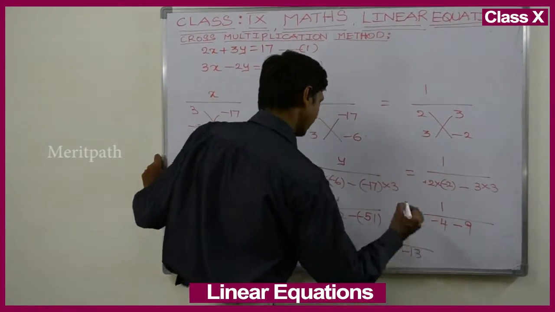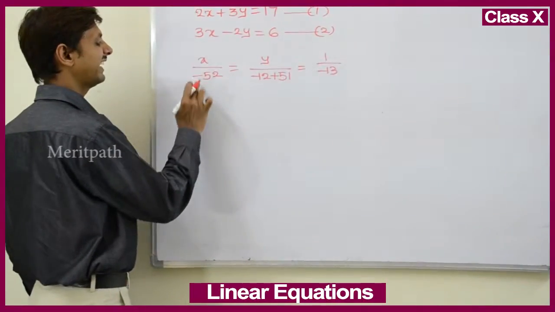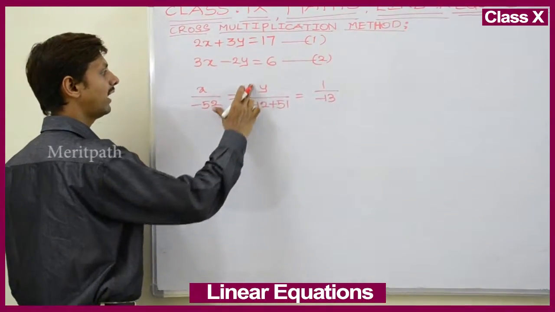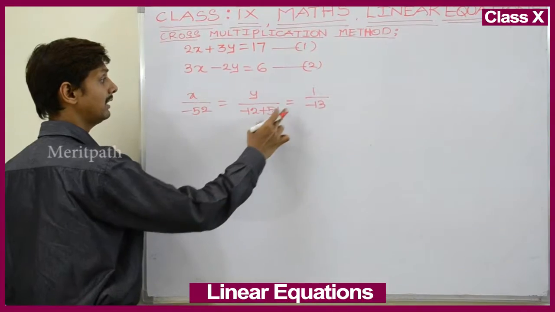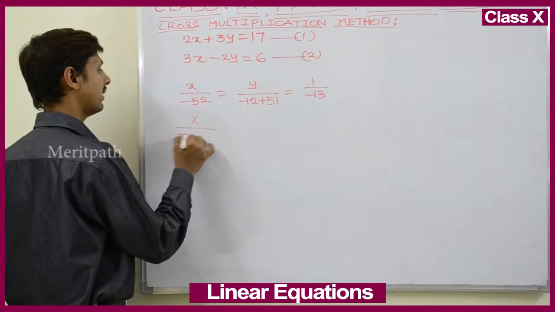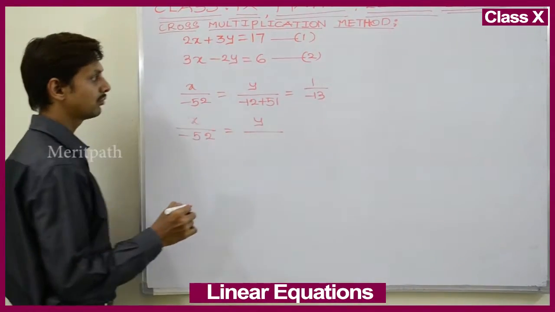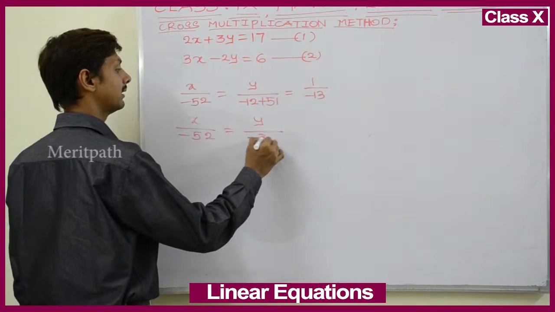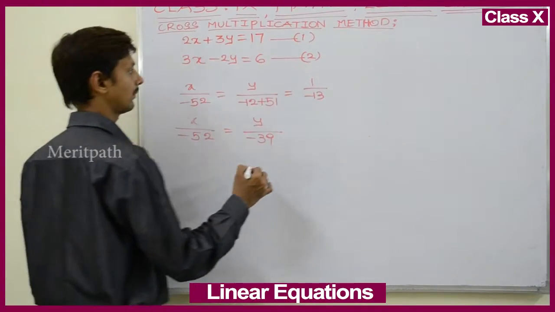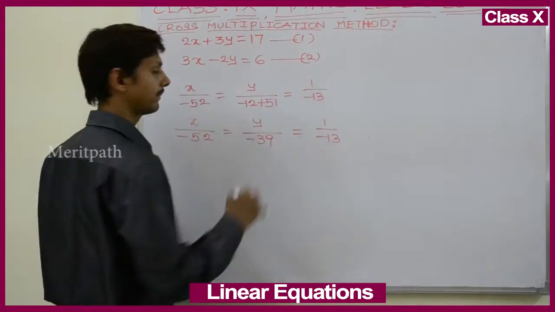We add them and get minus 13. So x by minus 52 equals y by minus 12 plus 51, that is minus 39, equals 1 by minus 13.